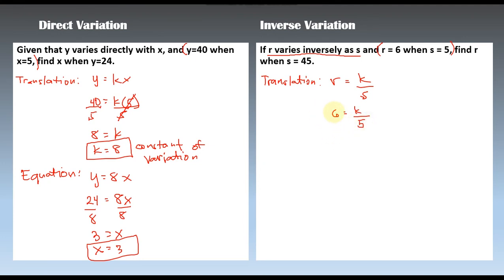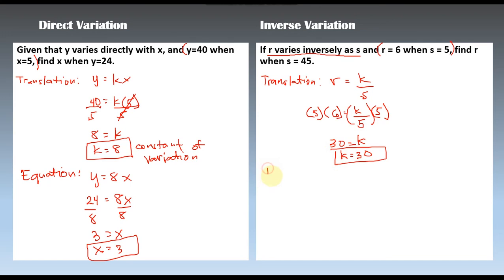Next, solving for K, multiply both sides by 5, of course. So we can cancel out this 5 in our denominator, giving us 30 equals K, or by symmetric property, K equals 30. And that is now your constant of variation.